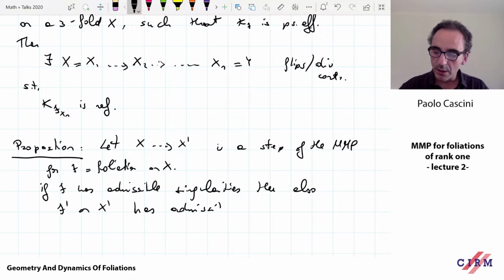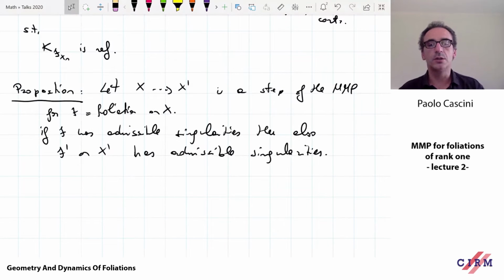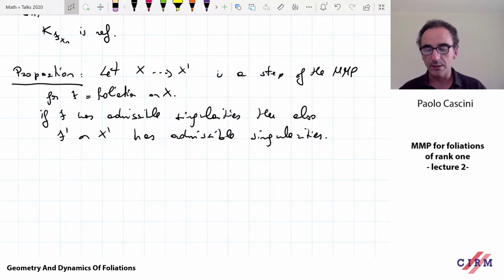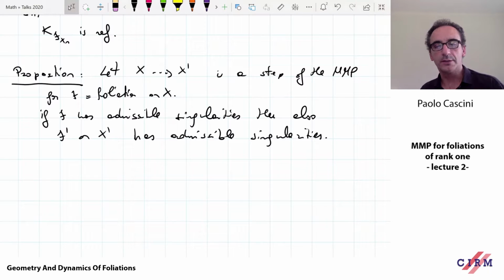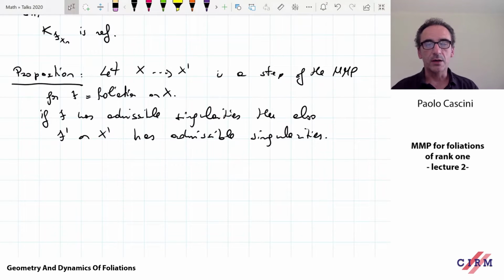So in other words, we don't leave this category. We continue to work in this category. So it's a good set of singularities to work with. And since we can always assume, after taking blow-ups, that the foliation has non-dicritical singularities, from a variational point of view it seems to be the right context to work with.